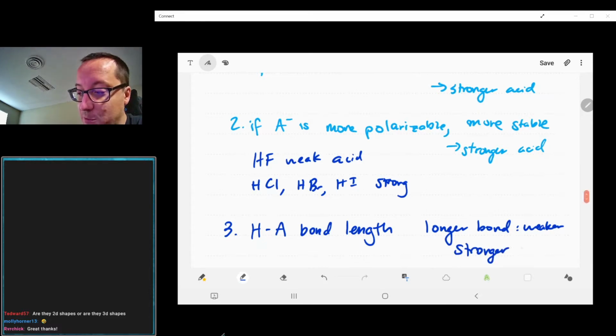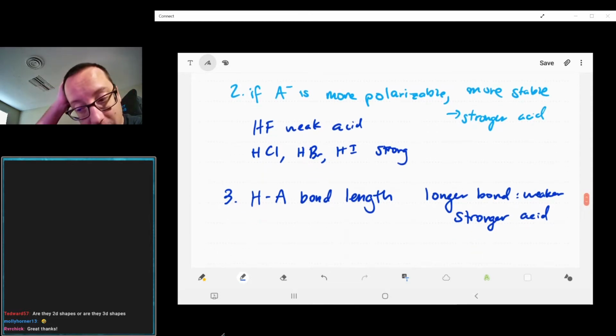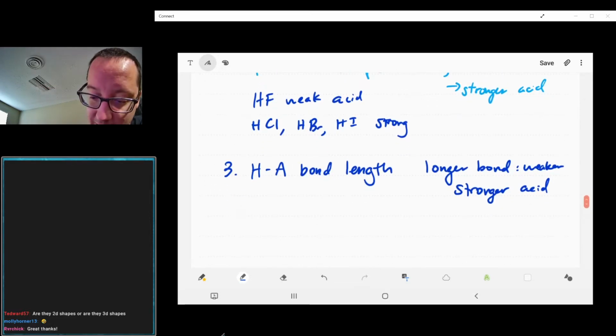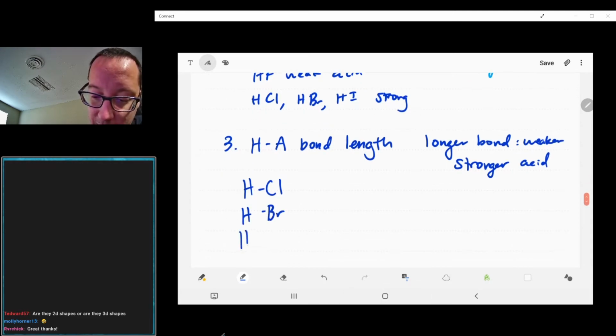It's easier to remove that hydrogen if you have a very large A. And so that's another reason that if we look at the HCl bond, the HBr bond, and the HI bond, iodine is the biggest one, right?